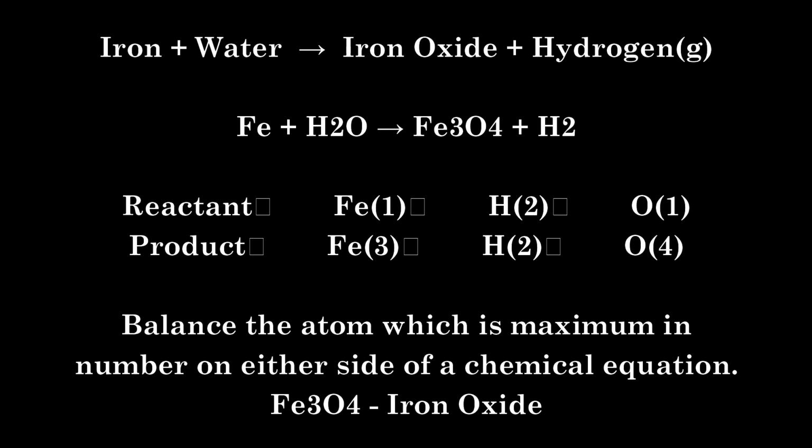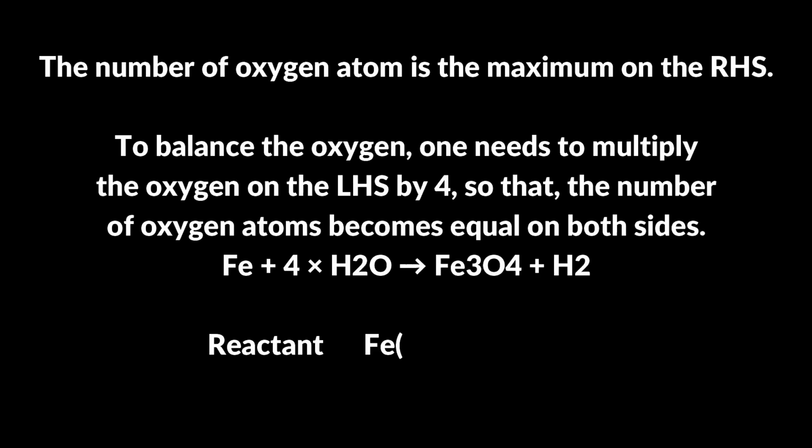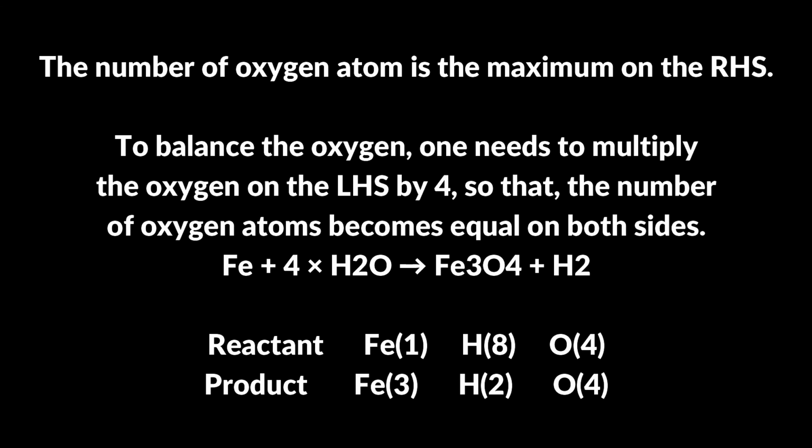For this example, if you select ferrous oxide and the element oxygen, you can see that it has 4 oxygen atoms on the right hand side and only 1 on the left hand side. So we need to balance that first. To balance the oxygen atoms, you have to multiply that by 4. You can see that the oxygen is balanced on both sides.